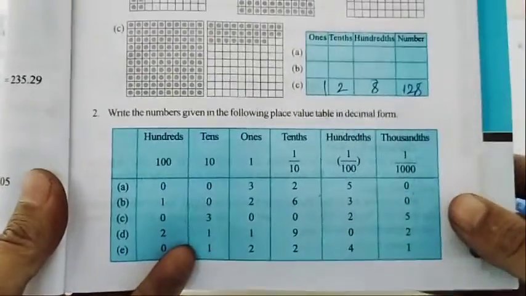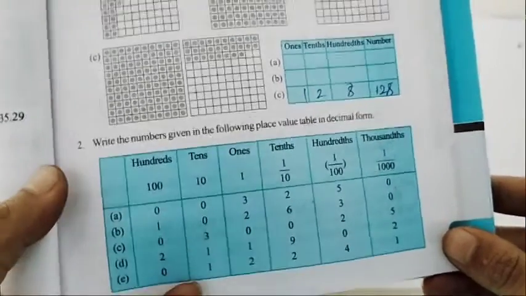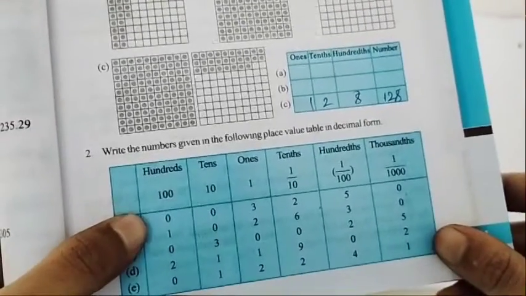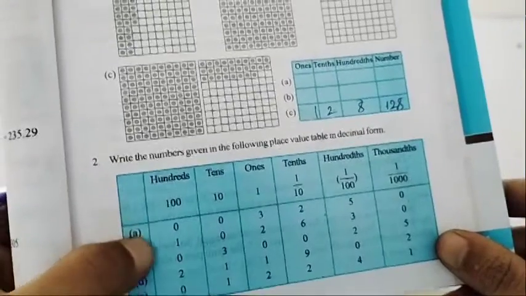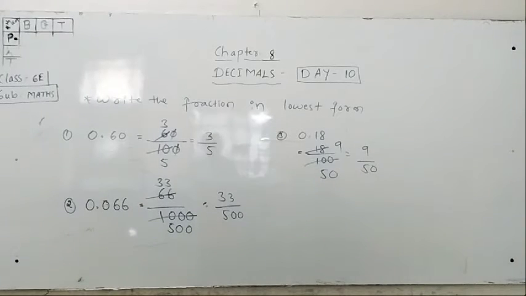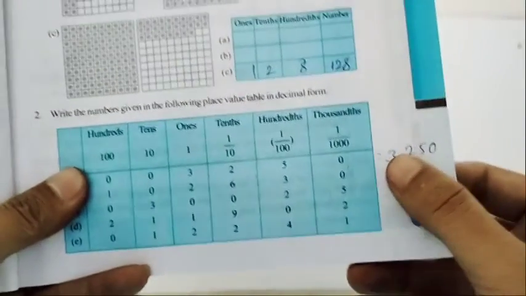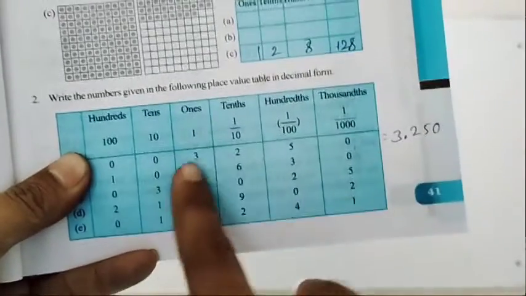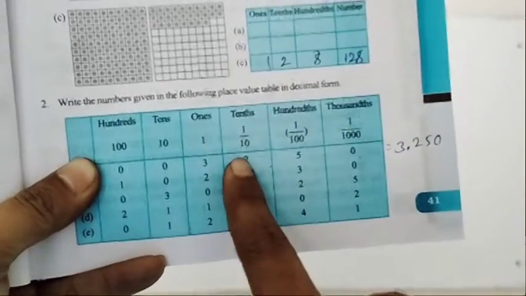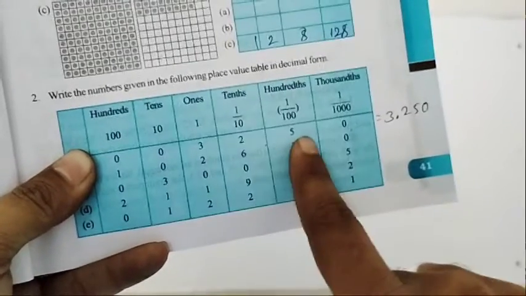And here, write the numbers given in the following place value table in decimal form. They are given in a place value table only; you have to write in decimal form. Okay. Then I will show you one how to write, afterwards all of you should write. Look here, 3.250 is there, because in the ones place 3 is there, after that is the point, then 250.